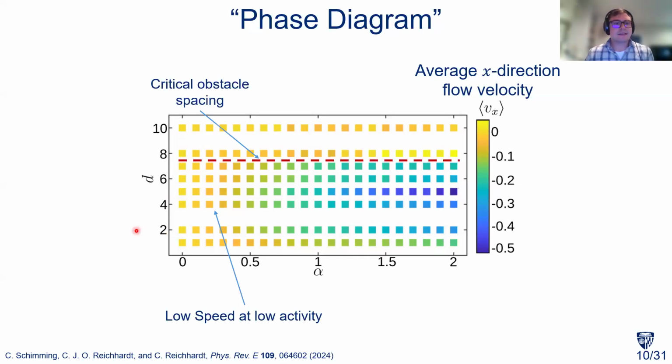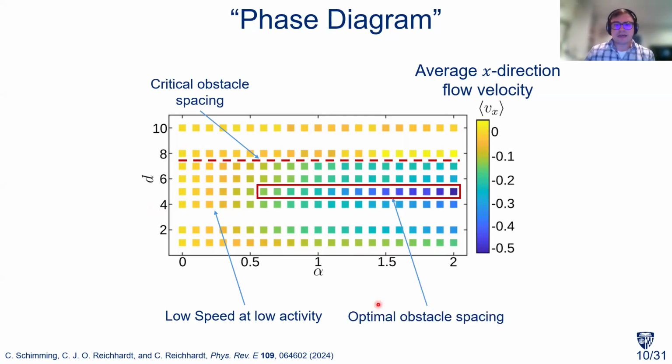Maybe more interestingly is that there seemed to be a critical obstacle spacing that we needed. And this is just the fact that you need the gap spacing to be small enough where flows cannot curl back in on themselves to go the opposite direction. And then also we have an optimal obstacle spacing here where the reason for this was actually quite interesting.